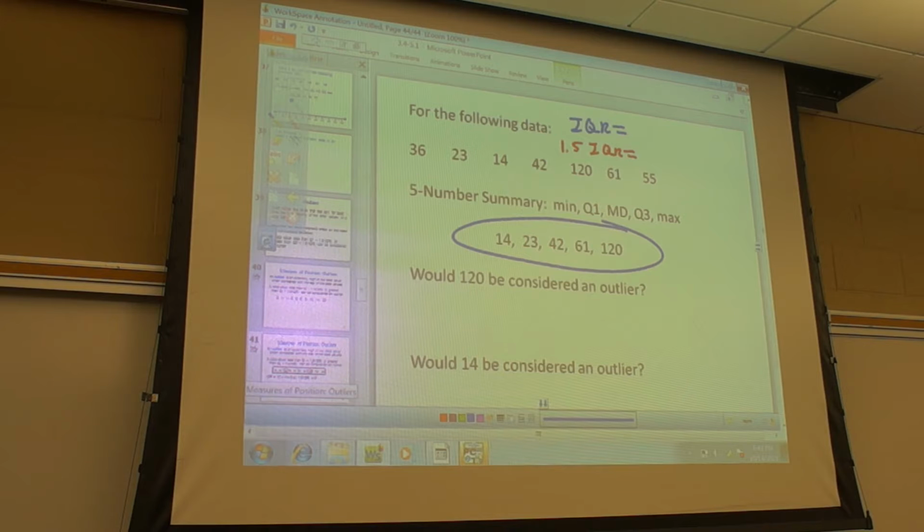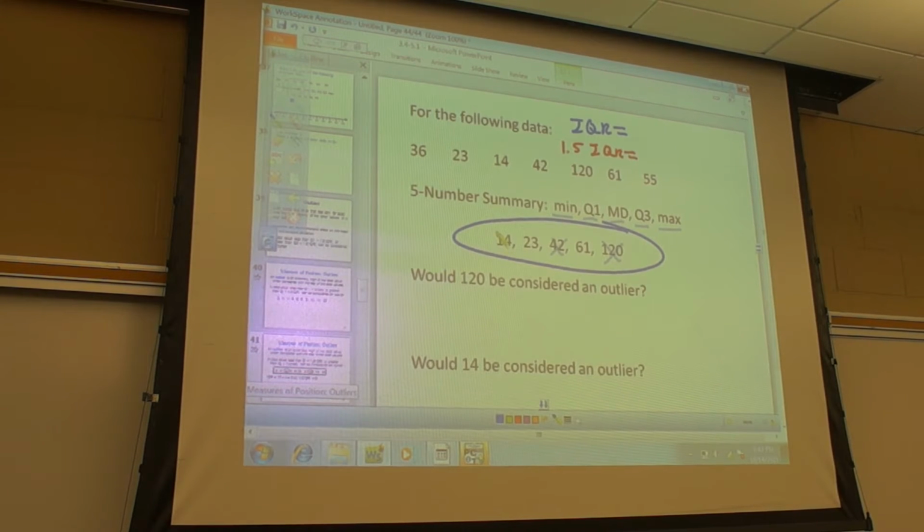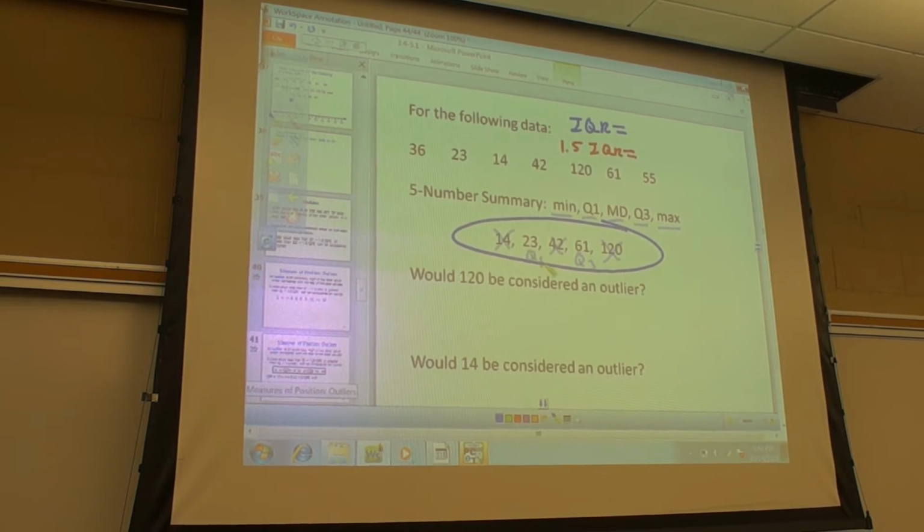It's Q3 minus Q1. How does my 5-number summary go? Look, it says it right here. Min, Q1, Q2, my midpoint or my median, Q3 and my max. So 120 is my max. I don't want that. 42 is my Q2. I don't want that. 14 is my min. I don't want that. I want my Q3, 61, and my Q1, which is 23.